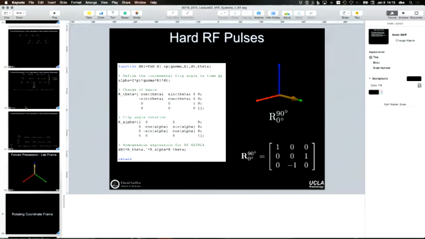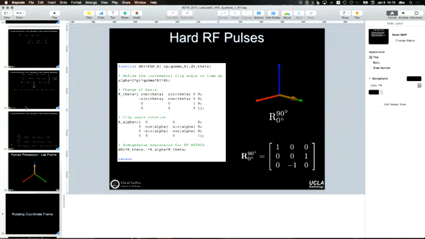Oh, so it still precesses around the Z direction. Exactly. That's why it's slowly tipping down. Right. So B0 is causing this precession, and B1 is doing this, but together it spirals down. So that's B0 plus B1.